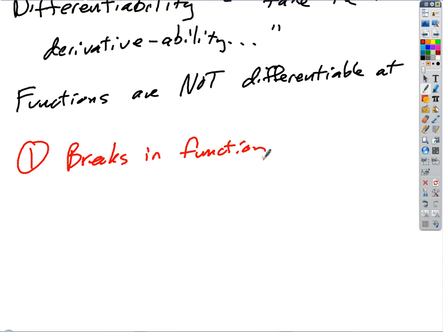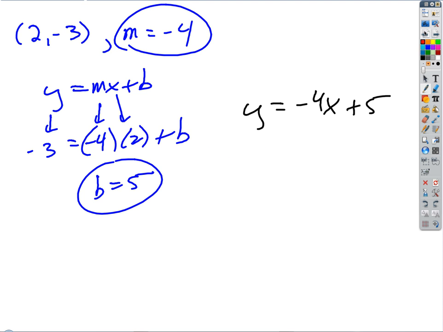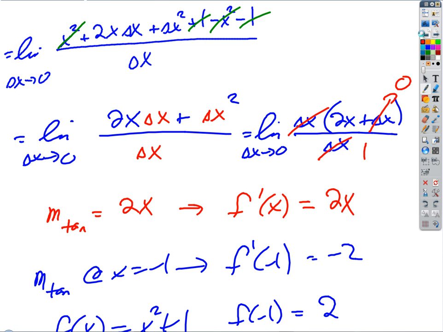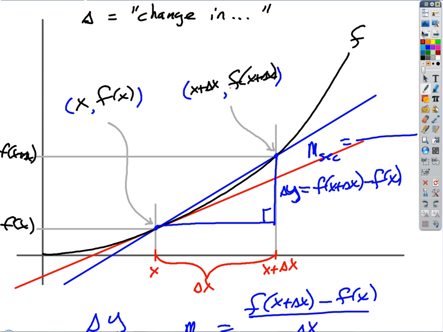The reason for that, if we think about the definition of a derivative, I can give you a really quick, probably not completely satisfying reason. It's better than nothing, maybe. What if instead of a nice connected continuous function there was a big break in it? Let's say the break occurred right at the point where we're trying to seek the slope of the tangent line.